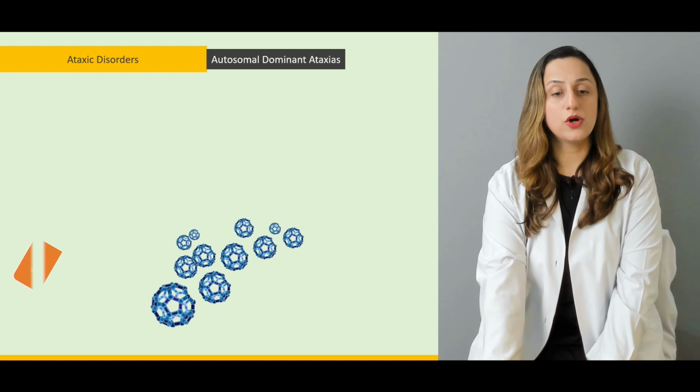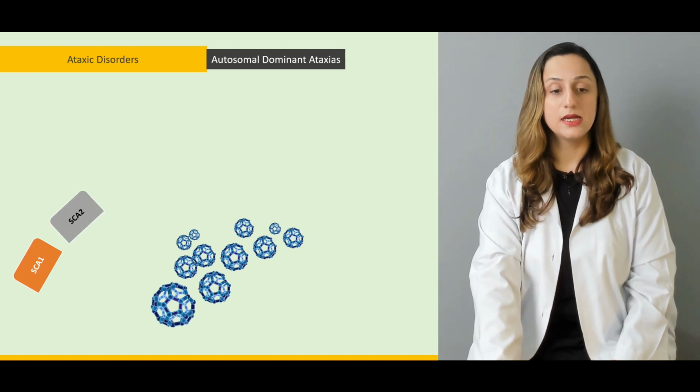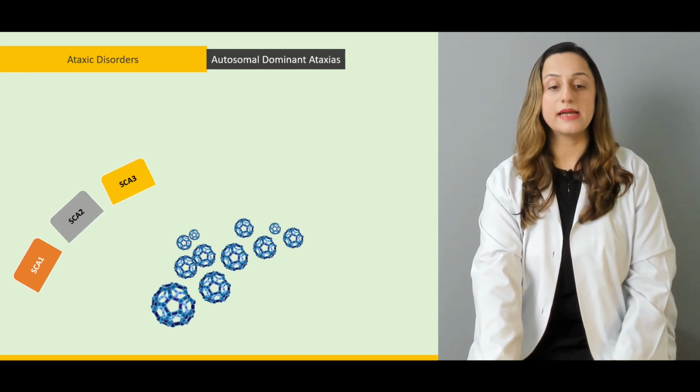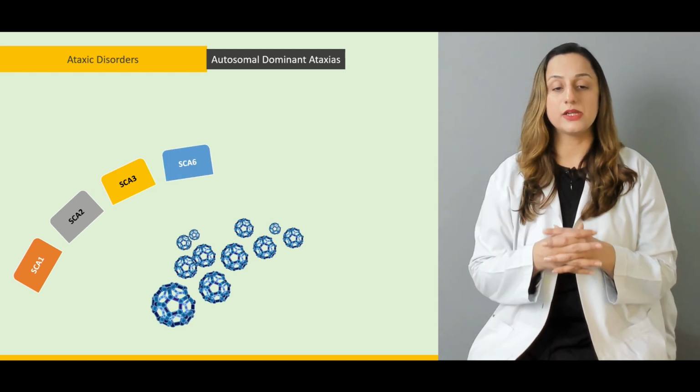Now, talking about the autosomal dominant ataxias, we have these varieties known as spinocerebellar ataxia 1, then we have 2, and then we have a third variety that is basically included over here.